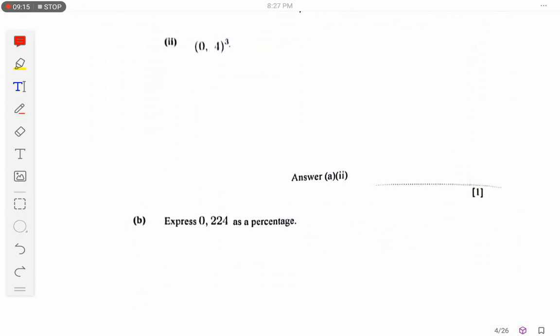Let's move on. Now we have 0.4 to the power of 3. This is the same as 0.4 times 0.4 times 0.4. For me, the easiest way is to say 4 times 4 times 4. When I say 4 times 4, I get 16, times 4, I'm going to get 64.